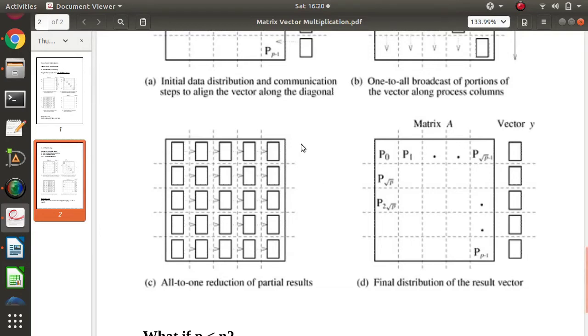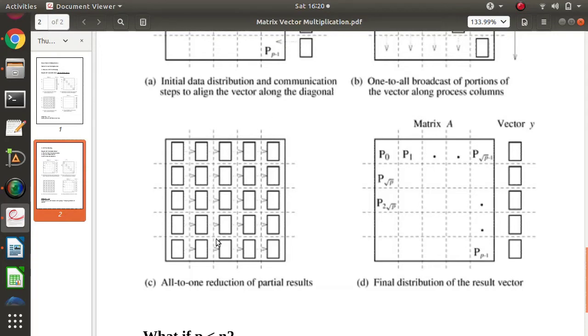After that, all these results should get collected to the processes which are holding the column elements. These column processes will finally have the resultant vector. So this process has calculated this multiplication, and that should get transferred to this process.